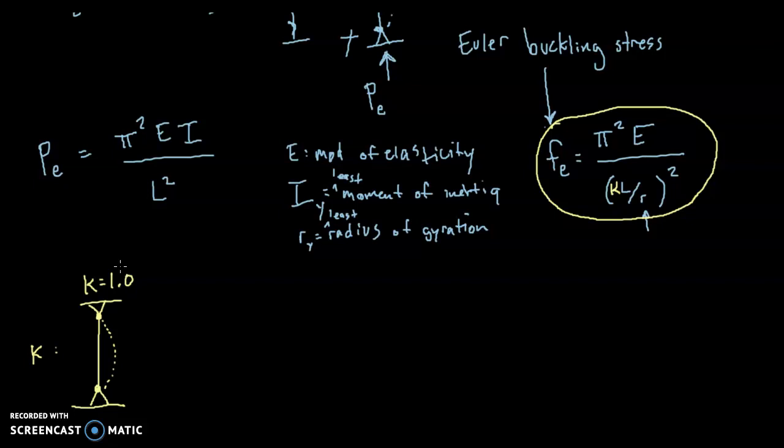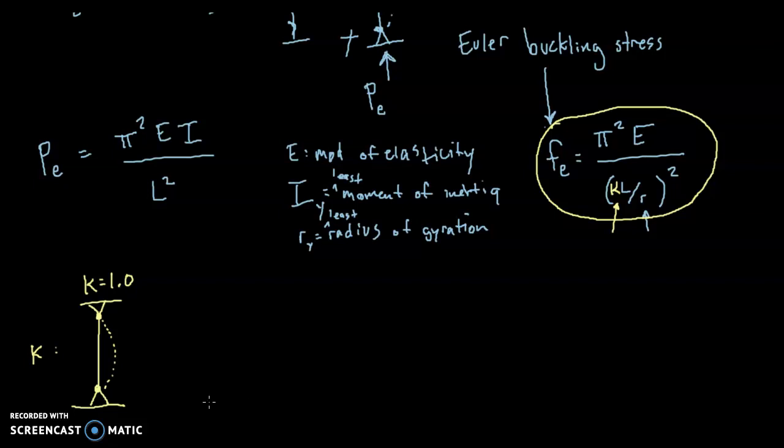Theoretically, it's 1.0, and also the recommended value for design is also 1.0. So if we have a pinned column, K is just equal to 1, which essentially means it's almost as if it disappears. It doesn't really matter. 1 times the length. So for a pinned column, it's 1.